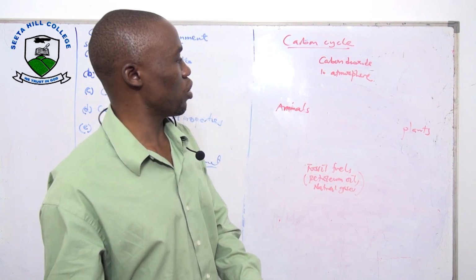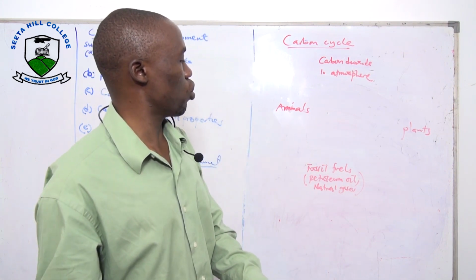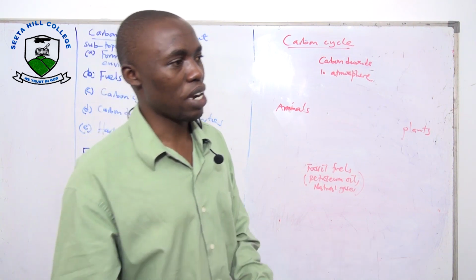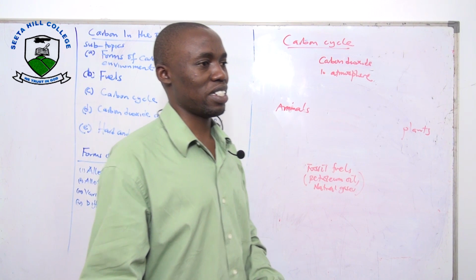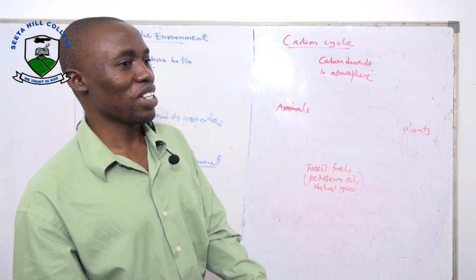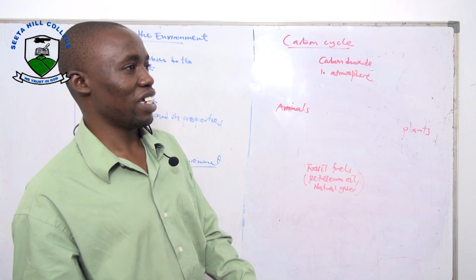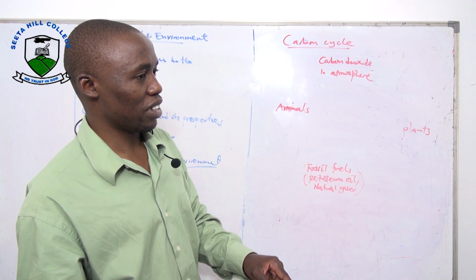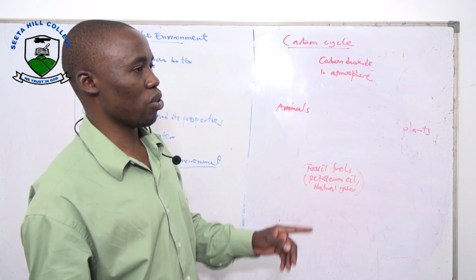Who eats who, who produces who, and by which process? How is the carbon taken to the other form? Who takes the carbon to the other?